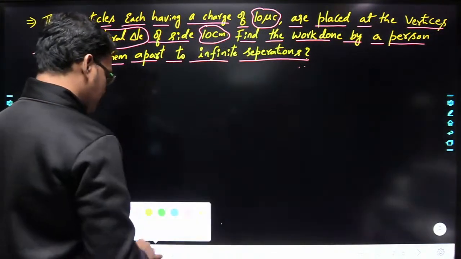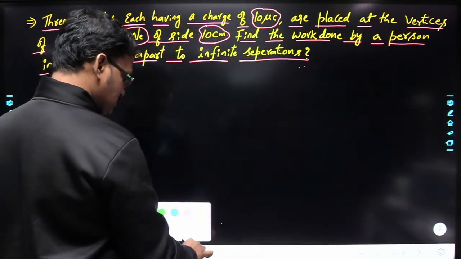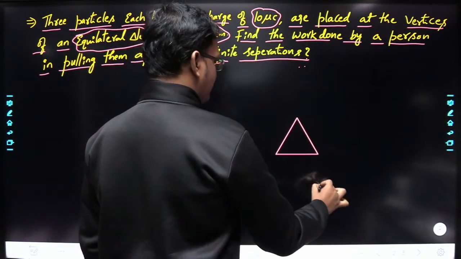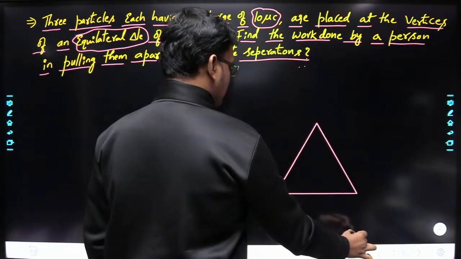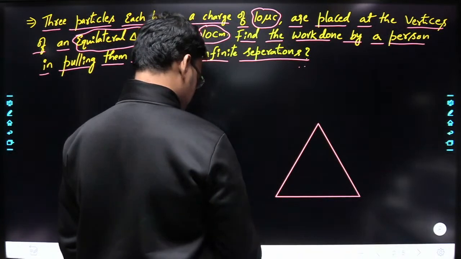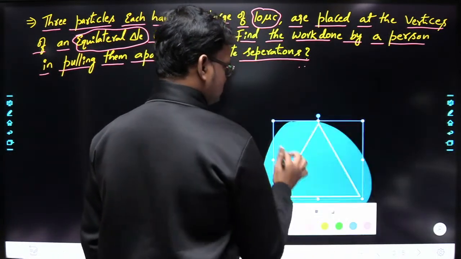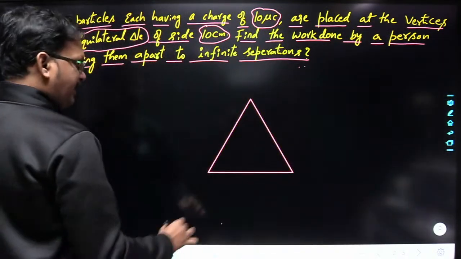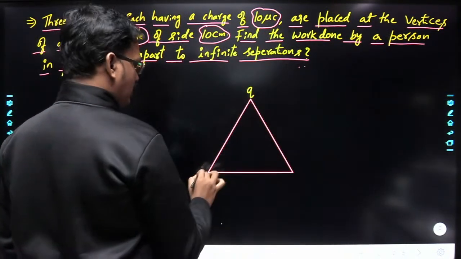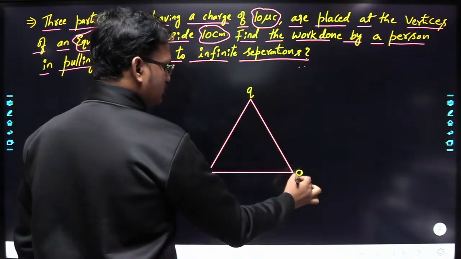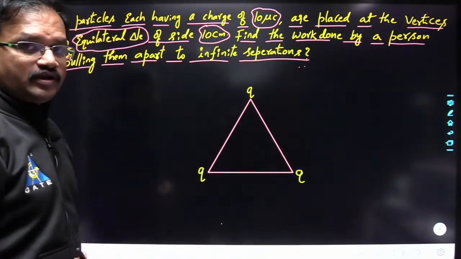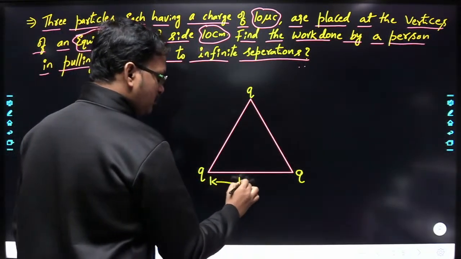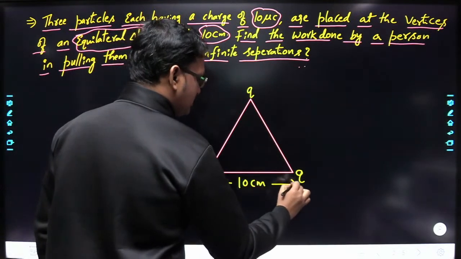So what is the question they are asking? They have placed three identical charges, let us say Q here, Q here, and Q here, at the vertices of an equilateral triangle of side 10 centimeters.